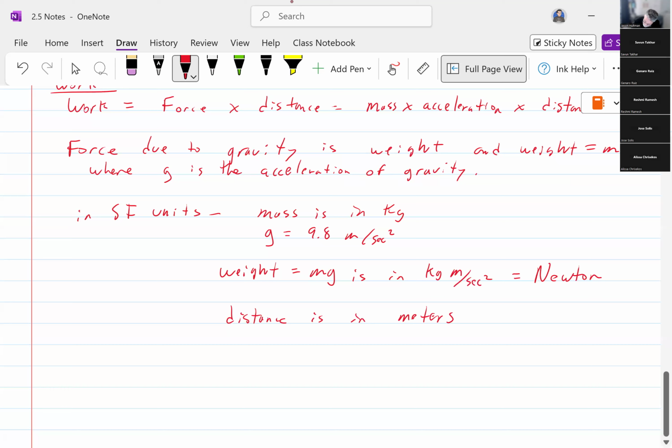And so work equals force over distance, which is kilogram meters squared over seconds squared, which is called a Newton meter, or a joule. So work is going to be in joules.